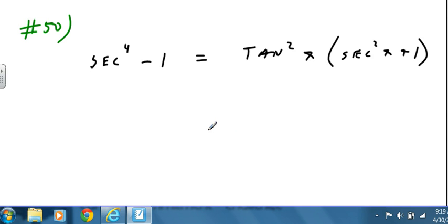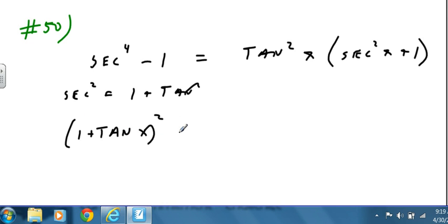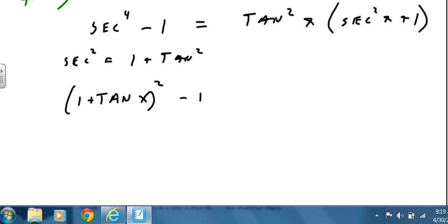Well, I find that secant squared is equal to 1 plus tangent squared. So if we replace this guy with 1 plus tangent squared x minus 1, then that would be a good starting point, I think. Now, if you get to a dead end and you can't go anywhere, just erase your paper and start over again.